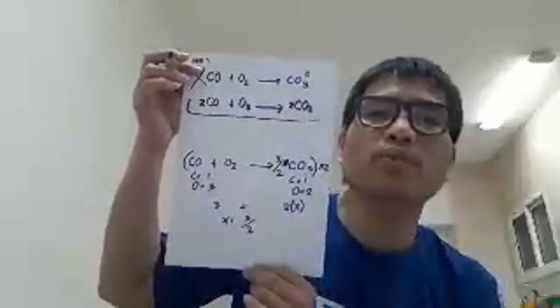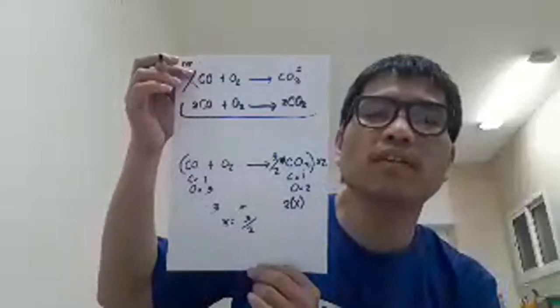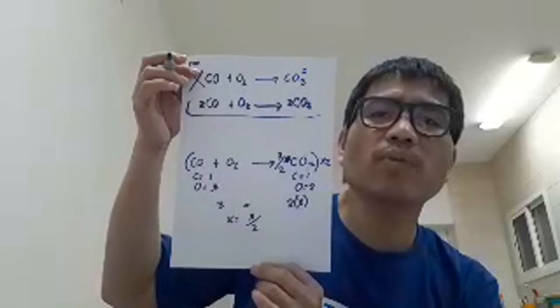Both sides, multiply by 2. So it will now become 2CO plus 2O2 is equals to 3CO2.